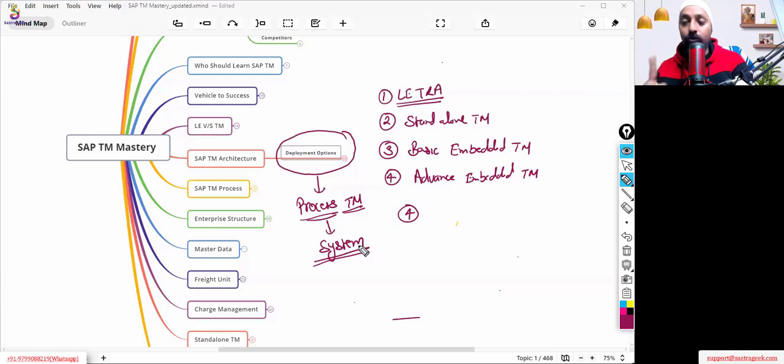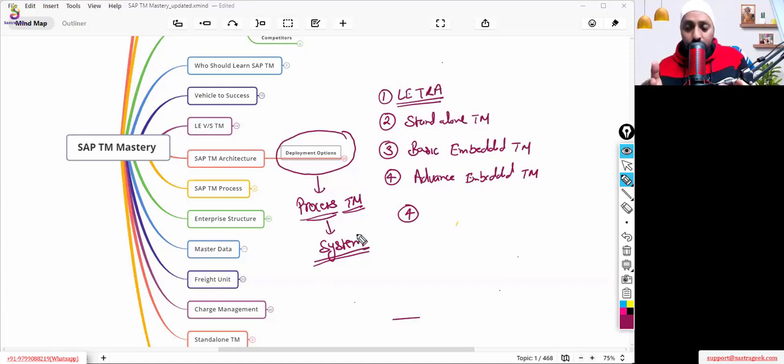After that, if you want the system access extended, you need to purchase in a bucket of 3 months. You can extend it for every 3 months. I think somewhere around $120 or 8,500 rupees is charged for every 3 months. But make sure with this training bundle, you get complimentary server access for 3 months. After that, you need to subscribe for another one. So this is where we stand.